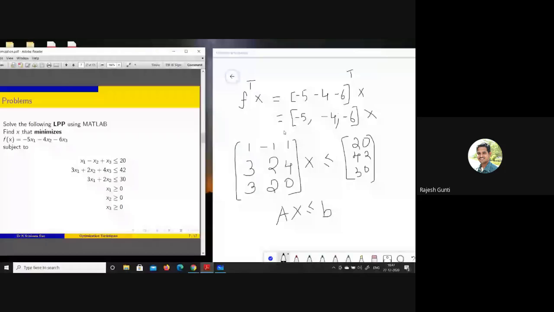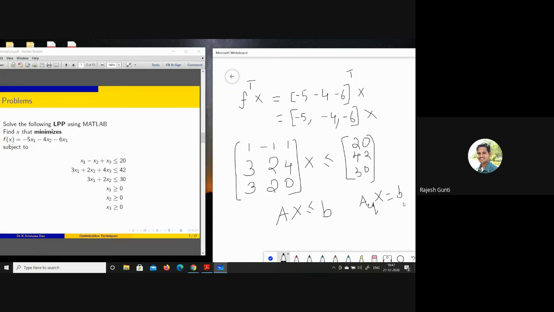This problem contains minimize with Ax less than or equal to b, with lower bounds. Am I correct? Equalities are not there. A equality times x is equal to b equality, the right hand side.